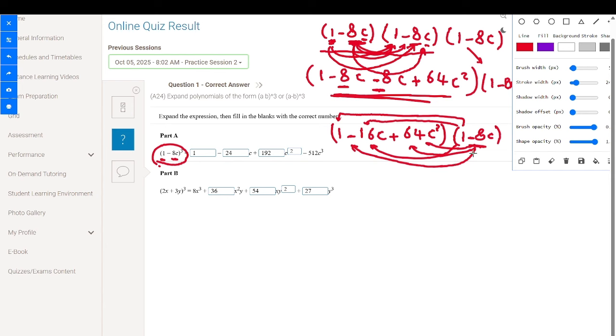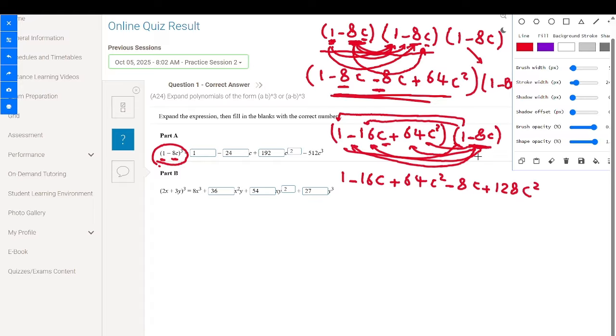64c squared. Now here 1 multiply 1 is 1. 1 multiply minus 16c is minus 16c. 1 multiply 64c squared will be 64c squared. Okay. Now minus 8c multiply 1 equals minus 8c. Now minus 8c multiply minus 16c will be, minus multiply minus is positive, so it will be positive 128 c multiply c squared.